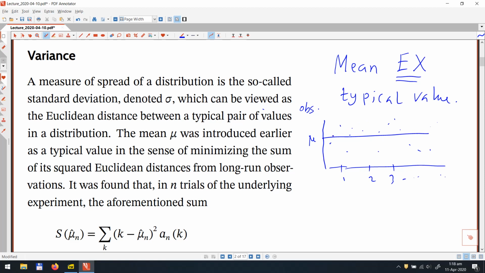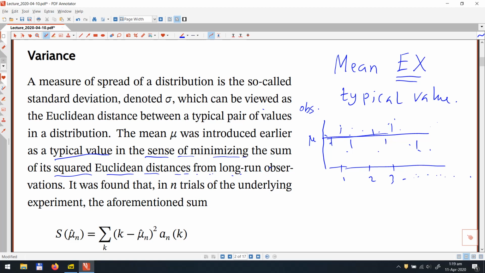in the sense that if you take the distances of all these observations from this single observation, the sum of squared, so actually we introduced the mean as a typical value in the sense of minimizing the sum of squared Euclidean distances from long run observations. So let's say you have a long sequence of observations.